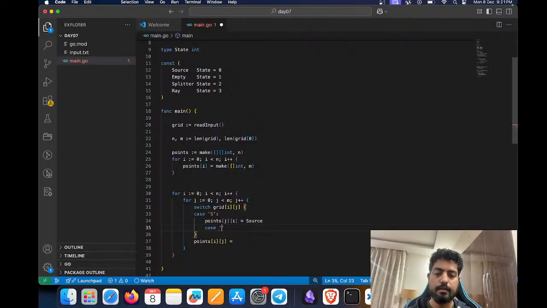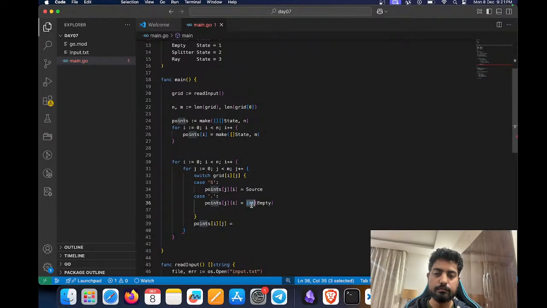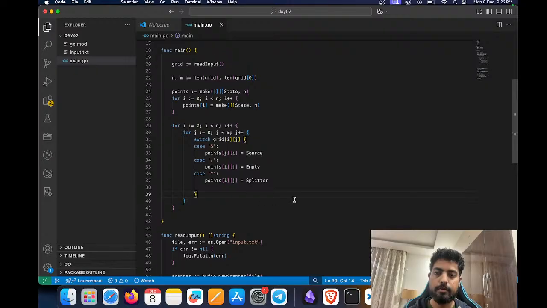If not, then if it is empty space, then we mark it as empty. I think it's better to make this a state only. Then case splitter. So we have all these states of the grid.